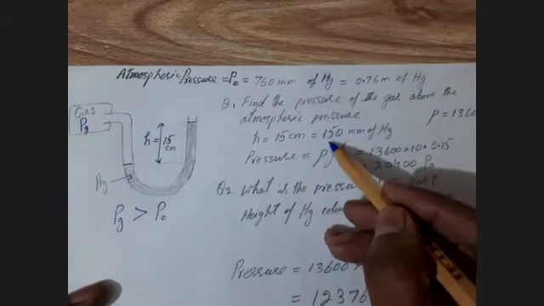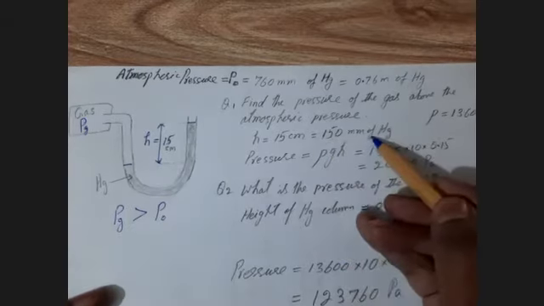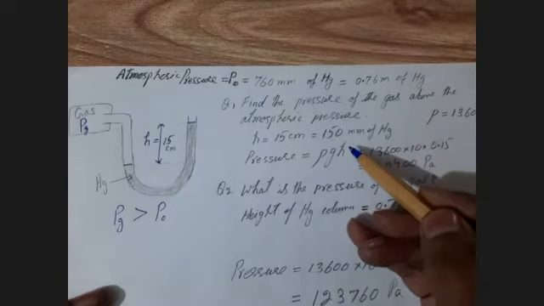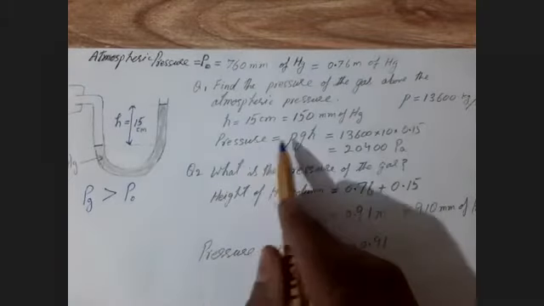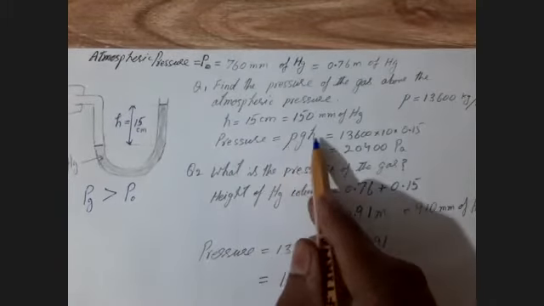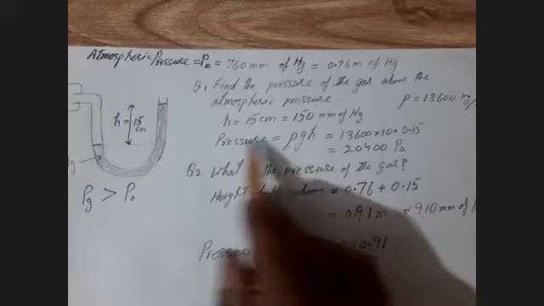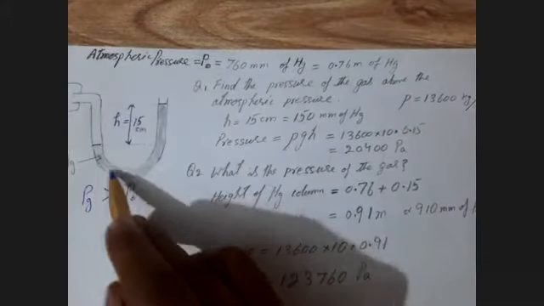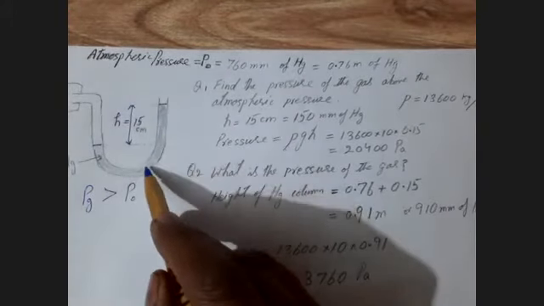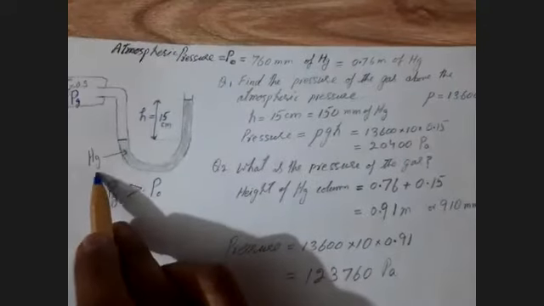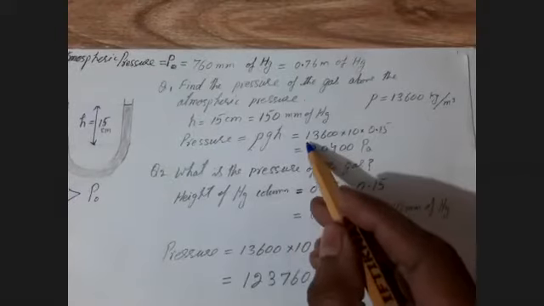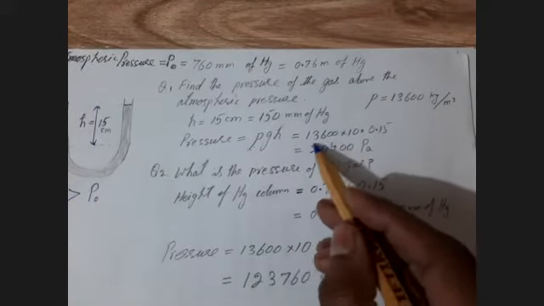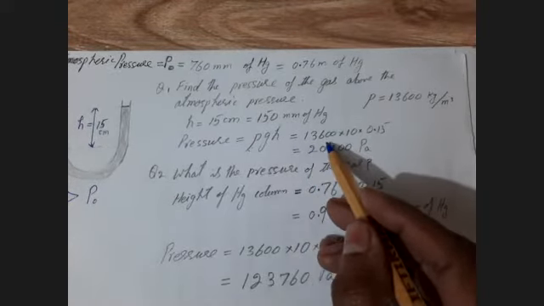And if you are going to convert this pressure from millimeter of Hg to Pascal, then you will have to apply the formula that pressure of the liquid is equal to rho gh. Rho is the density of the liquid which is used in the manometer. Now you know that in this manometer I am using Hg, mercury. So the density of mercury is almost 13,600, and I am taking this value for the density of mercury.